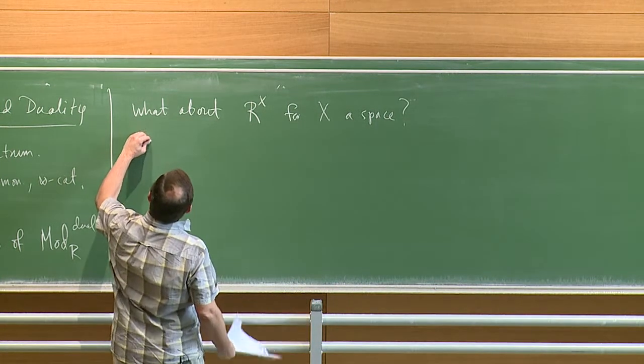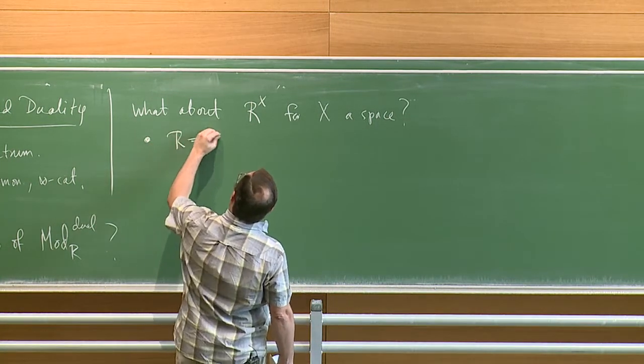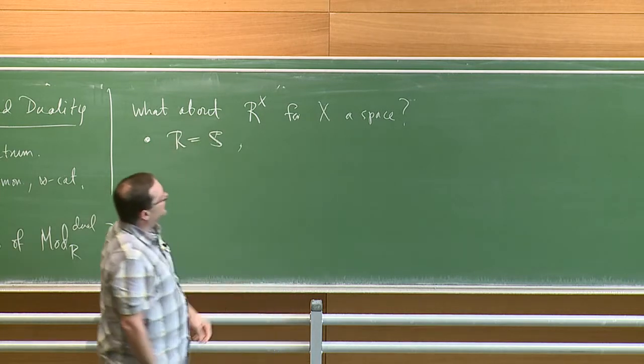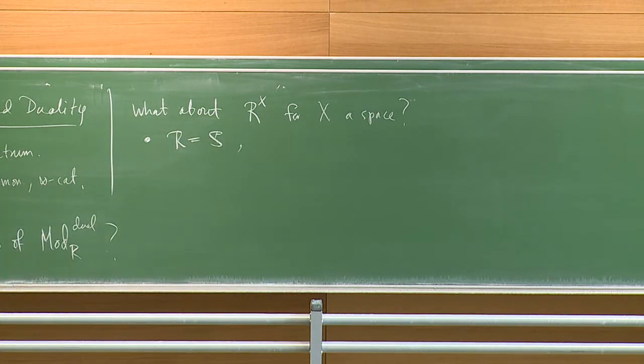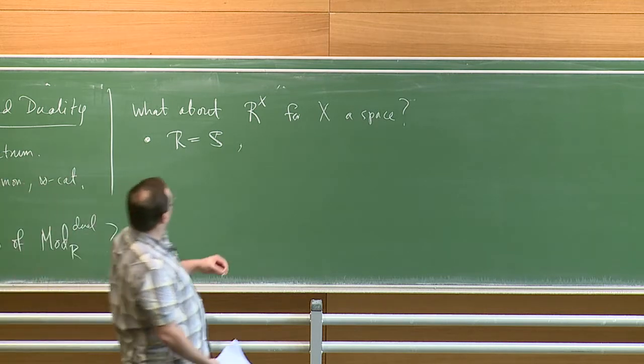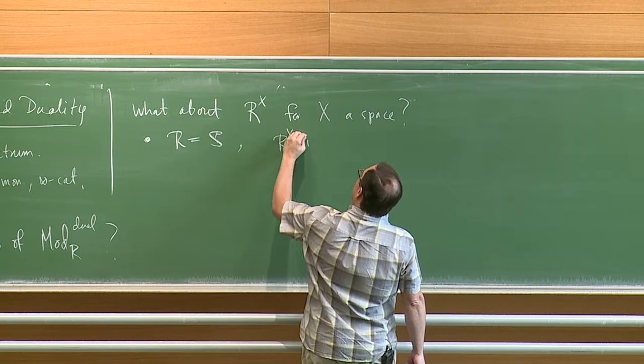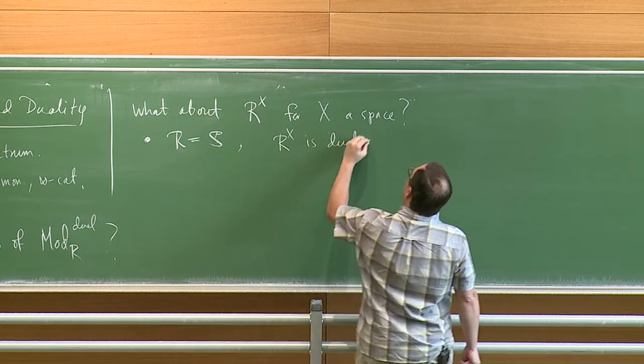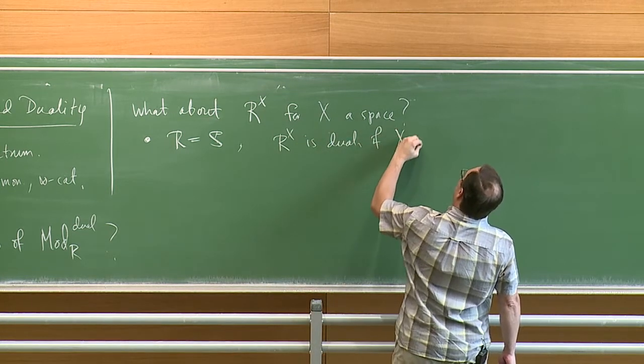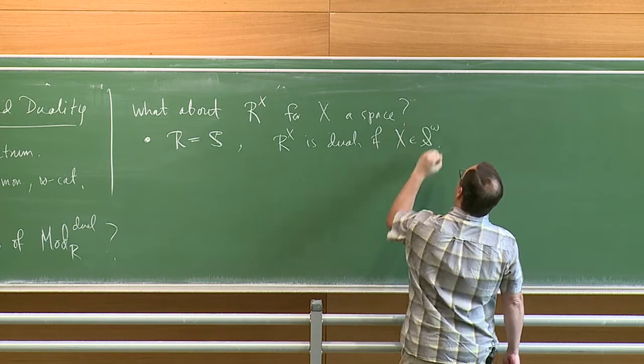Well, let's take the case where R is the sphere first. And then, of course, this is asking about Spanier-Whitehead duality. So we know that R to the X is dualizable if X is a compact space.